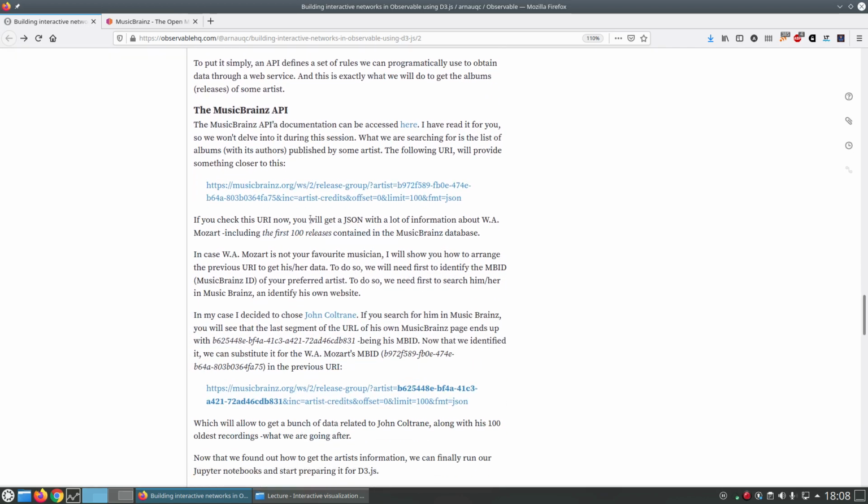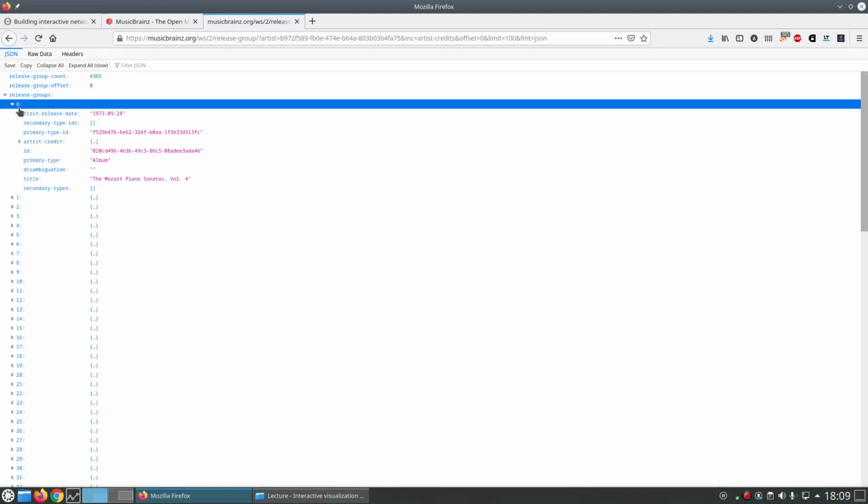So here you have all the information. I invite you to read all the details of how this works. But to put it simply, for instance, I'm accessing here the first 100 albums, as they appear in the database, not in chronological order, of Wolfgang Amadeus Mozart.